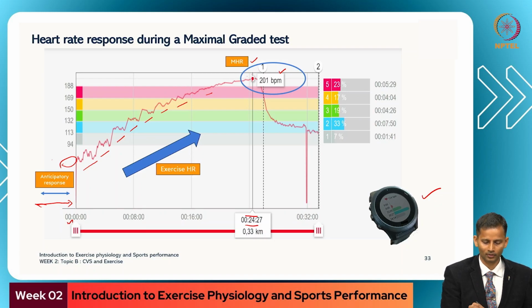That was the end of what he could reach, and thereafter the exercise was stopped. The criterion to terminate a maximal graded test is when the individual has reached volitional exertion. So we stopped the test, and from that time onwards the heart rate you see has started decreasing gradually over a period of time.